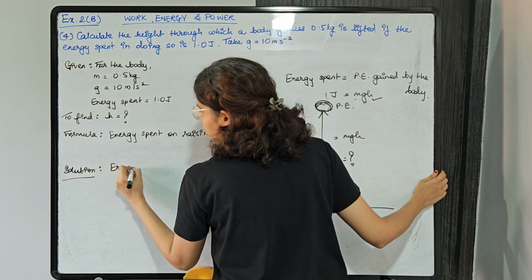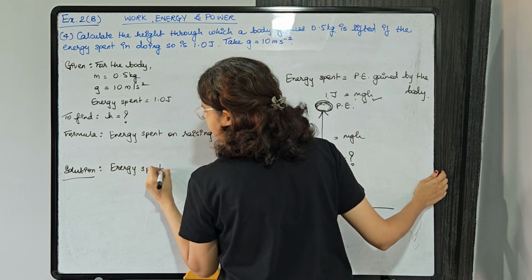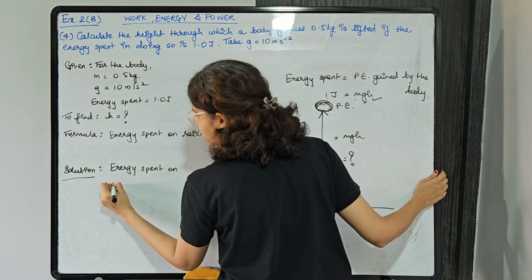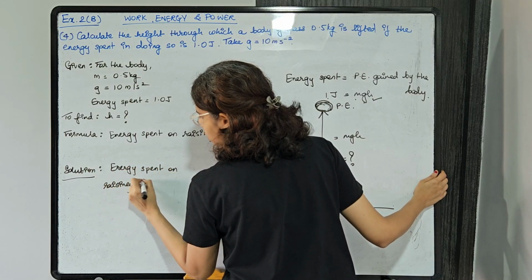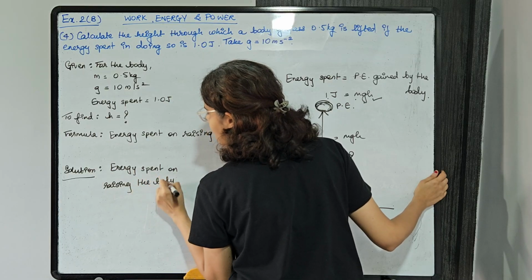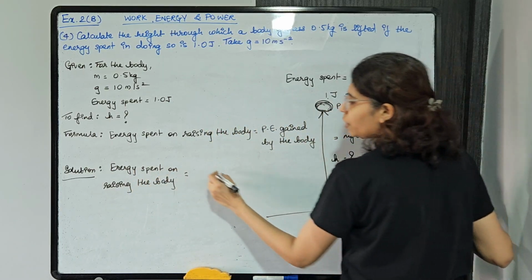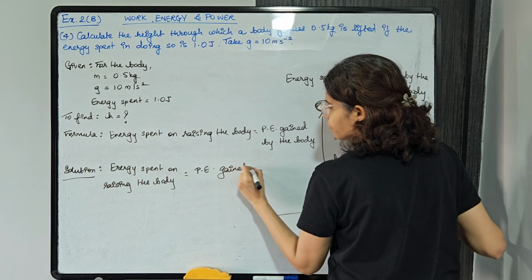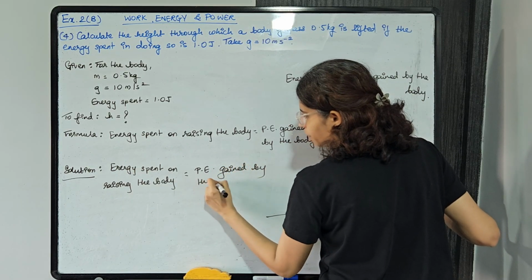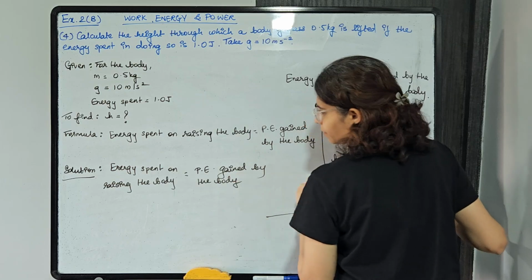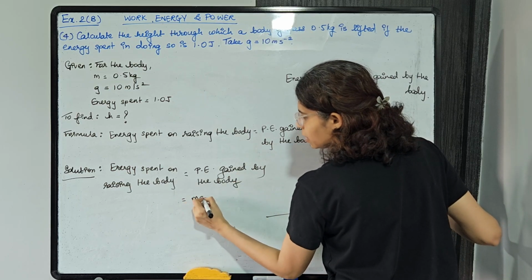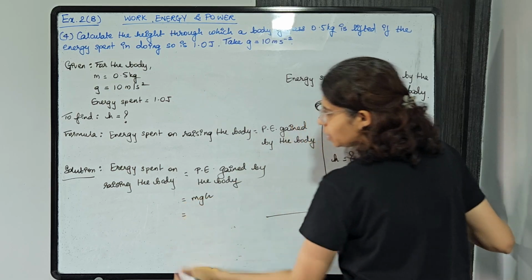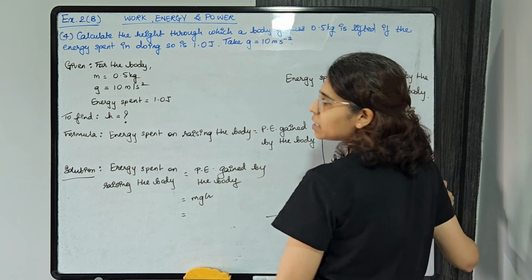Energy spent on raising the body, you're going to write the same thing again. Energy spent on raising the body is potential energy gained by the body. Potential energy gained is nothing but mgh. Energy spent is 1 joule.